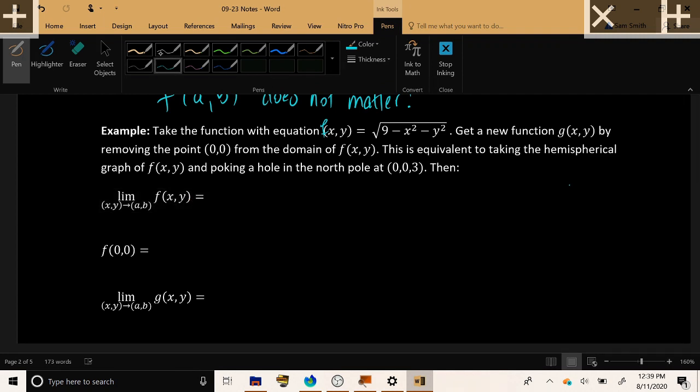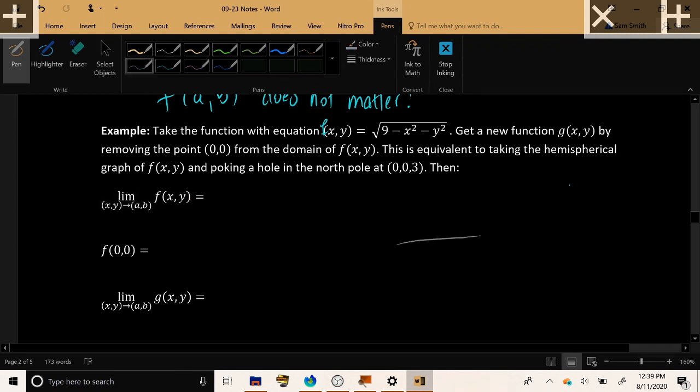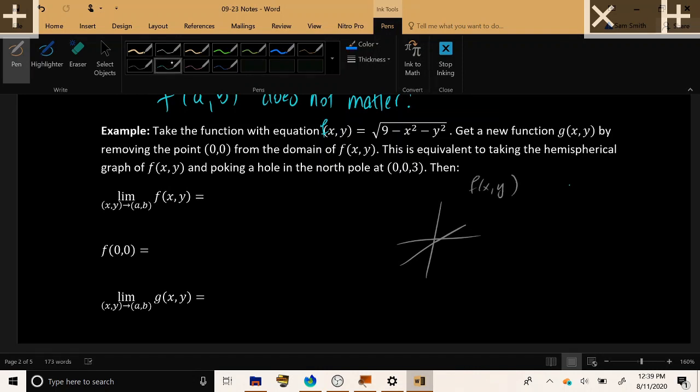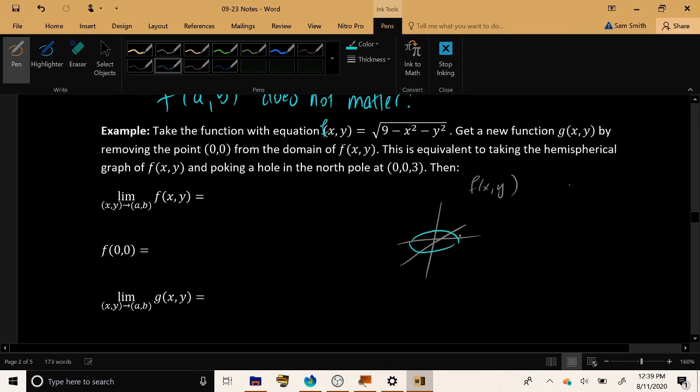So let's get a very rough sketch going. Here I'm going to graph f of x y, and this is going to be a hemisphere of radius 3, similar to the hemisphere of radius 2 that we graphed in the previous video.